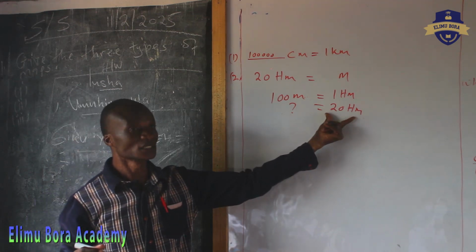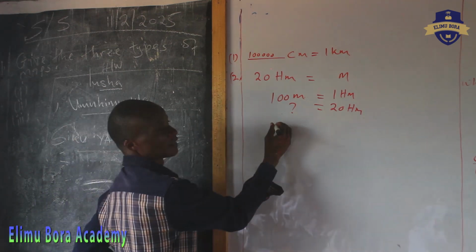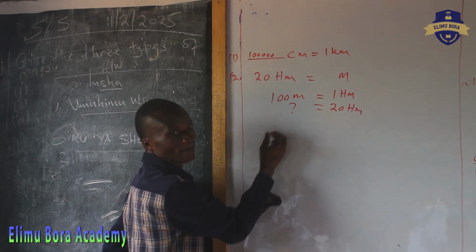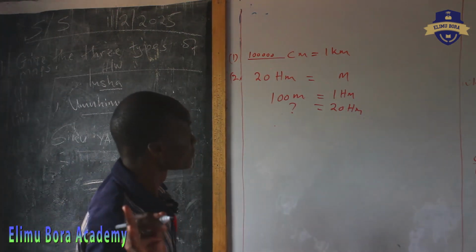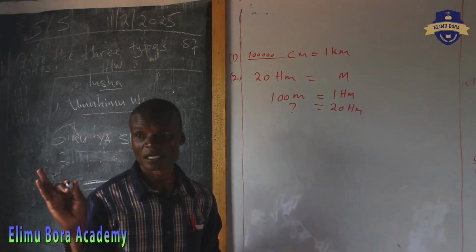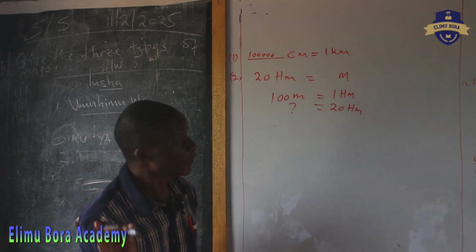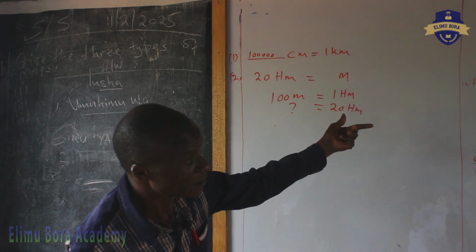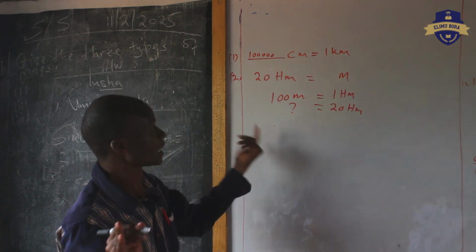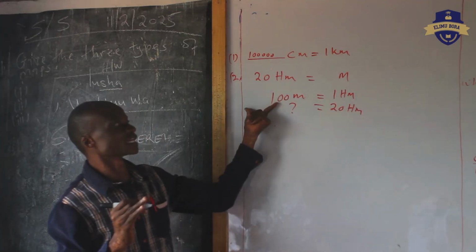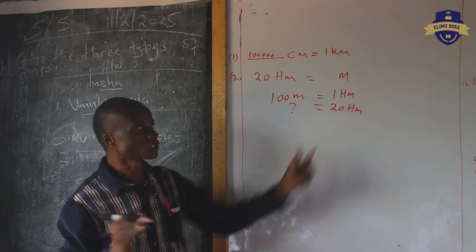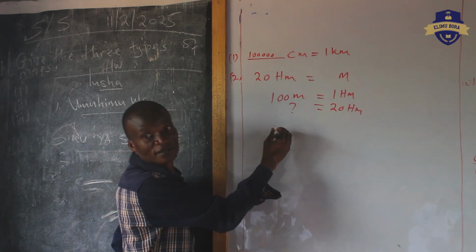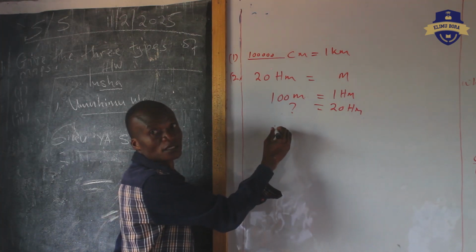What about 20? So it will be? Are we right to say 100 meters make 1 hectometer? Yes. So 1 hectometer is 100 meters. What about 20? So what do we do? Tulbi? Abdurrahman?